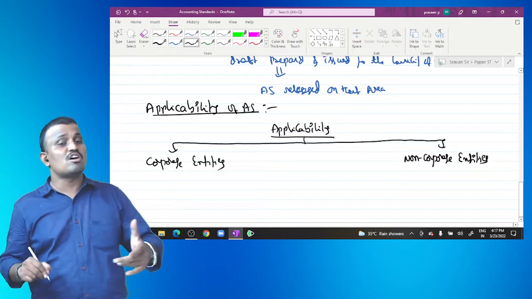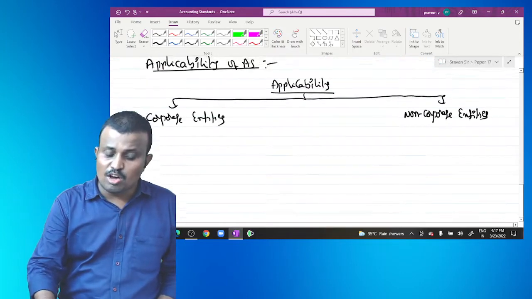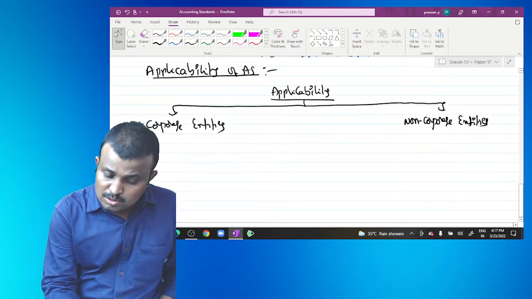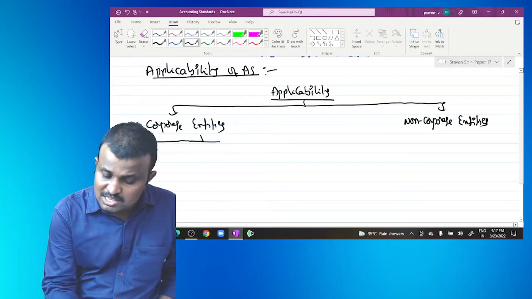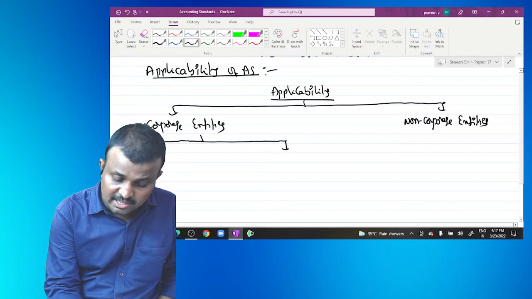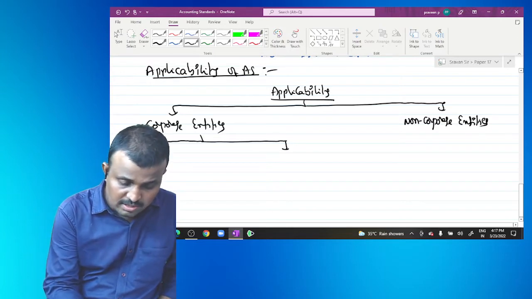Generally, corporate entities, based on applicability, are classified into two categories.